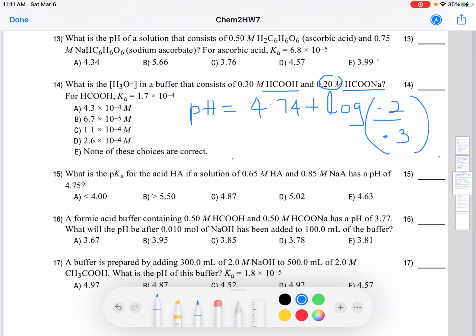Okay, and once you find the pH, then you can find the hydronium ion concentration. When you are calculating this, first take 0.2 over 0.3. We're looking at which one now?